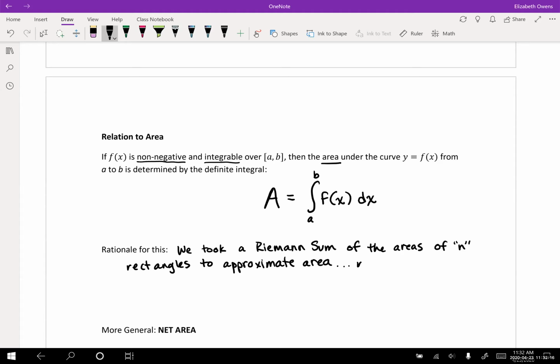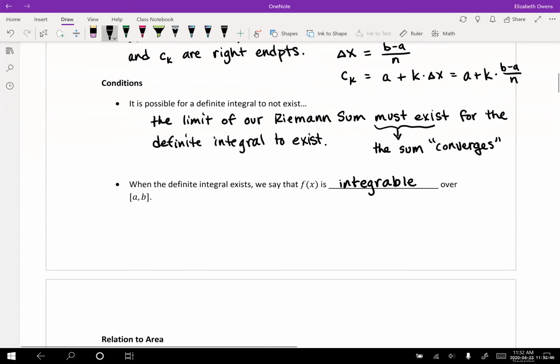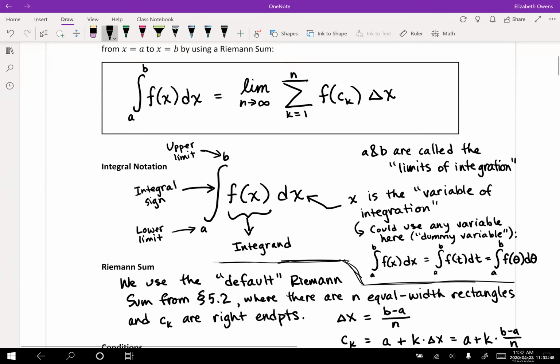But now we let n go to infinity as part of the integral definition. So let me go back up to that definition real quick here.